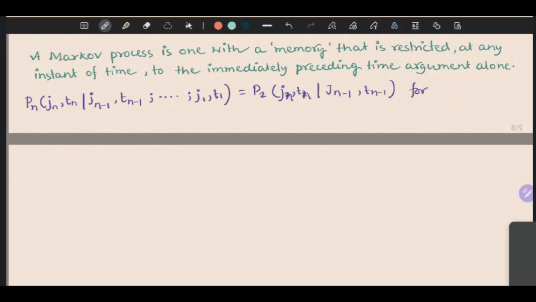So if it reaches the point Jn at time Tn, the only probability of interest from this conditional probability is: if it starts from Jn minus 1 at Tn minus 1, what is the probability of being at Jn at time Tn, for all n.